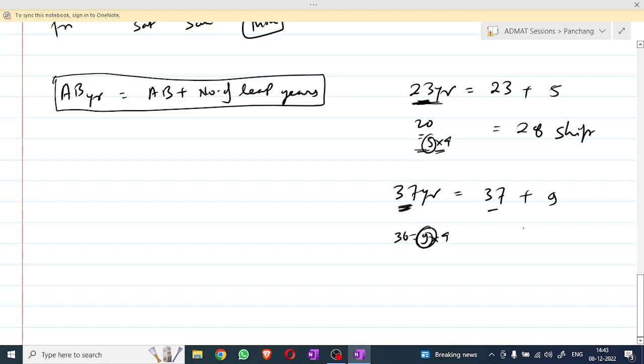So you will have to add 9 here. So total 46 is the shift in the number of days. AB number of years will give me AB plus the number of leap years as the shift days. Shift days are also called odd days.